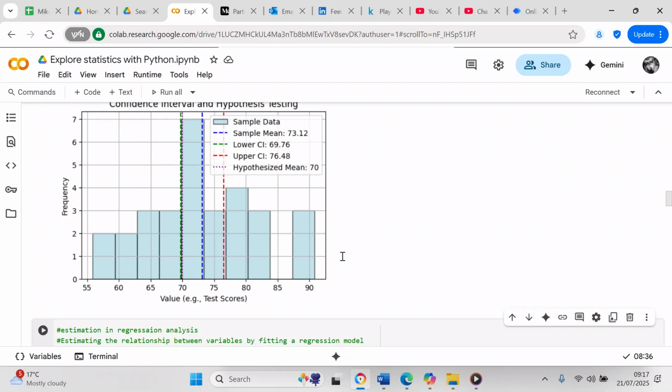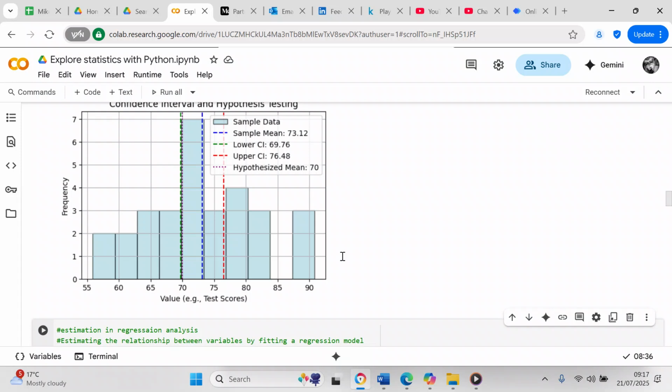The hypothesized mean is what you wanted, which was the dotted line at 70, but the sample mean was 73.12. When we tested our p-value, it was greater than 0.05, so we fail to reject the null hypothesis.